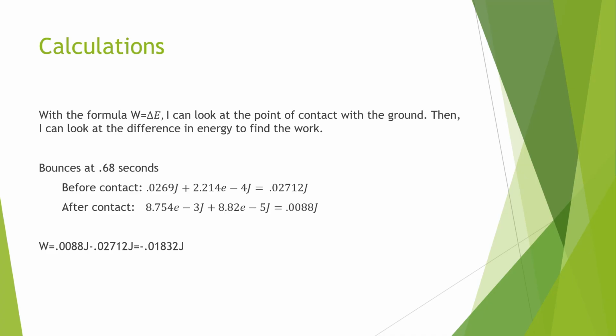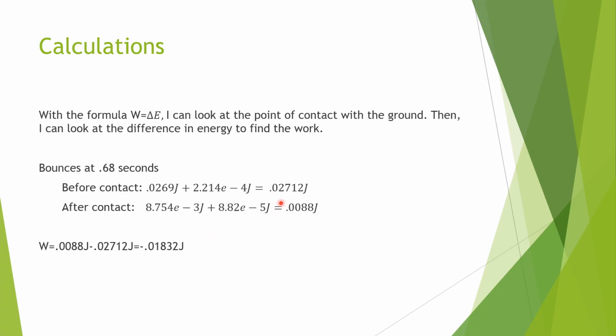So for the calculations in this lab, with the formula work equals change in energy, I can look at the point of contact with the ground. Then I could look at the difference in energy to find the work. I found that it bounces at 0.868 seconds. And before contact, it has the kinetic energy of 0.0269 and the potential energy of that number.